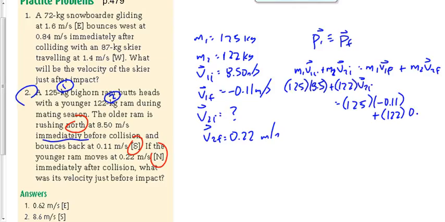V2F is 0.22. You can see how easy it would be to make a mistake on this with the wrong sign, right? See how easy it is to make a mistake with the signs, because there are so many different things. So easy to miss a negative here.